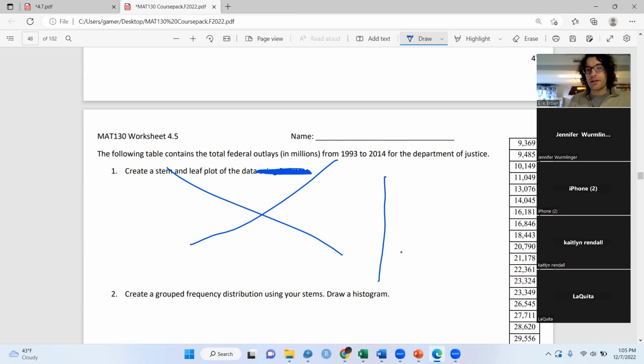The stems would be 9, 10, 11, 12, and the leaves would be 3, 6, 9, 4, 8, 5. The 10 would be 1, 4, 9, and 11 would be 0, 4, 9. But it doesn't give us a good look at the data. So this was a really bad question. Just throw it away. Don't do it. So thank you for asking that.